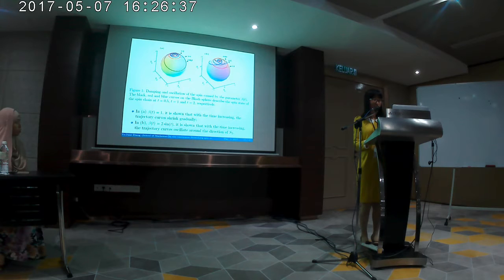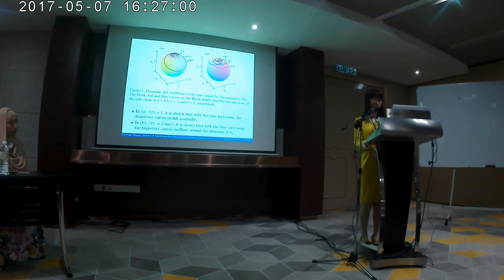Figure 1 shows the damping and oscillation of the spin caused by the parameter beta t. The black, red, and blue curves on the black sphere describe the spin state of the spin chain at t equal to 1/2, 1, and 2 respectively.